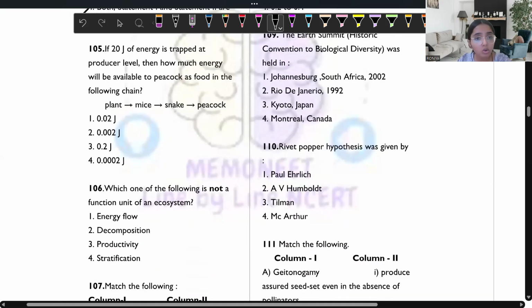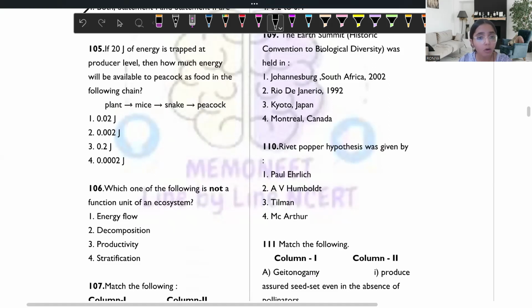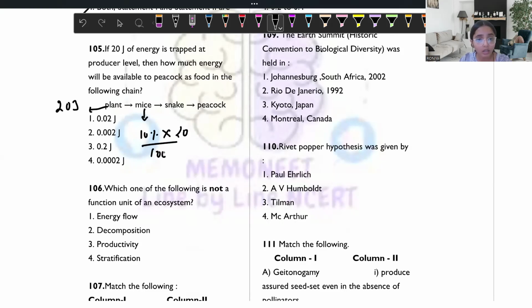It says if 20 joules of energy is trapped at the producer level, then how much energy will be available to the peacock as food in the following chain? The producer here is the plant, and it has 20 joules. At each level, we have 10% of the energy present at the previous level. So in mice, 10% of 20 joules will be present, which is 10 into 20 by 100, which is 2 joules.